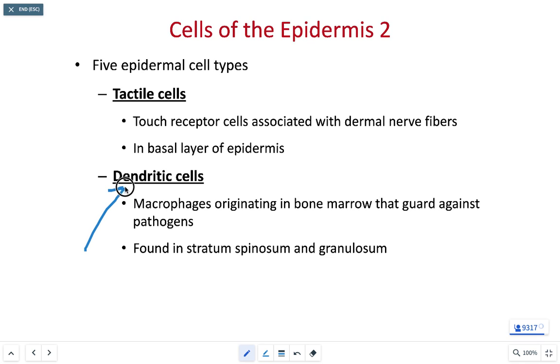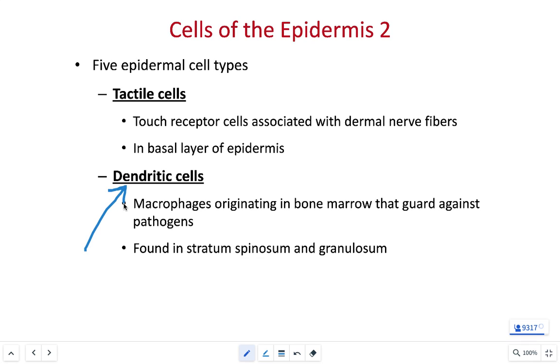And then finally, we have dendritic cells. Dendritic cells are a kind of white blood cell, a kind of macrophage that's present within the epidermis. The purpose of the dendritic cell is to phagocytize, to swallow pathogens that are trying to burrow through your epidermis to get into your body.